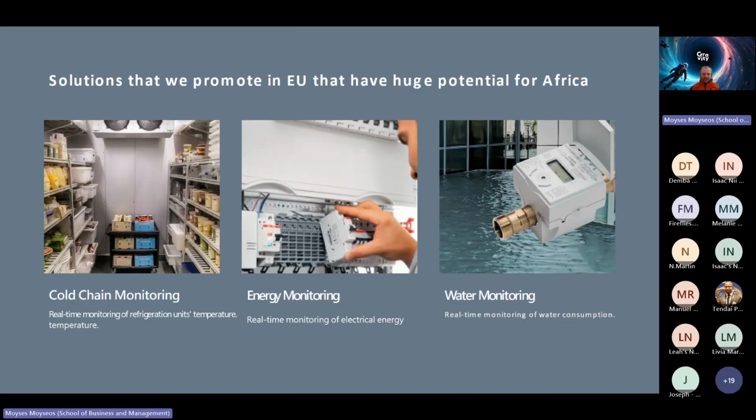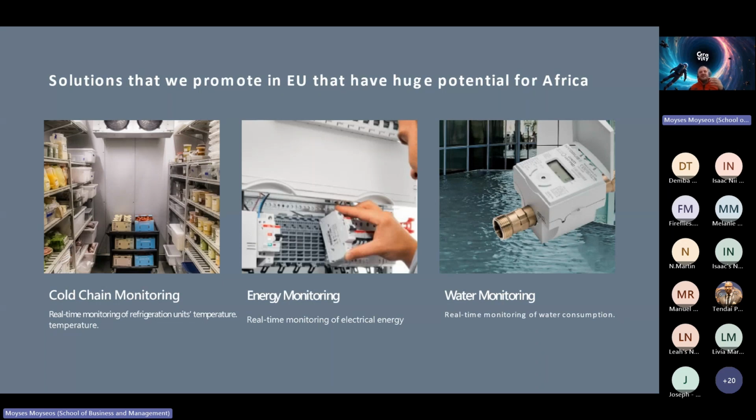Now, we have launched a commercial arm in the company for the last 3 years. And what we have identified are some business opportunities in the IoT sector that I'm currently sharing with you.